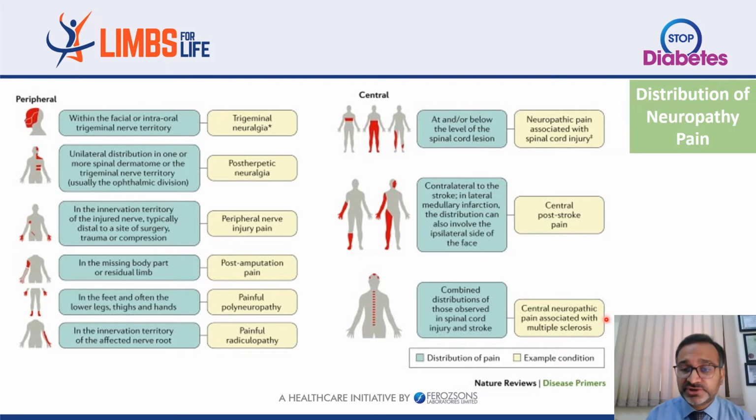Central neuropathic pain associated with multiple sclerosis is a combination of both. But you can say that in multiple sclerosis it affects nerves, right? And the patient feels acute or paroxysmal muscle pain, and this pain can be in the form of spasms. So this is how the neuropathic pain associated with multiple sclerosis feels. Right.